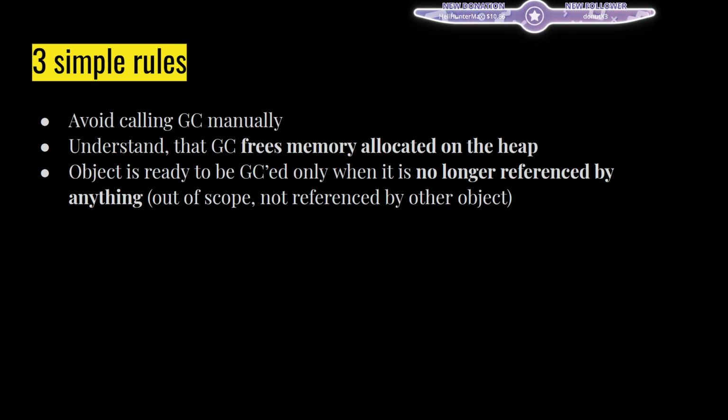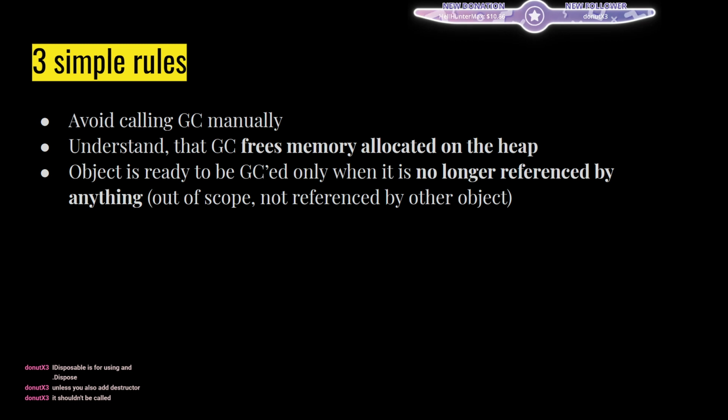So in general, there are 3 simple rules. Avoid calling garbage collector manually. There are very few cases where you need to call it yourself. And what does garbage collector work with?